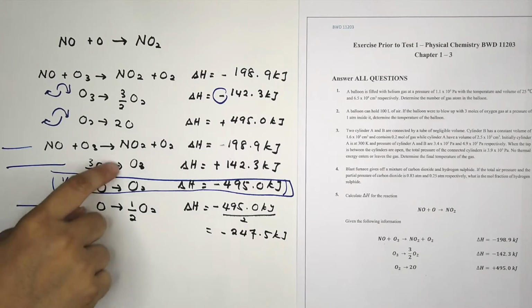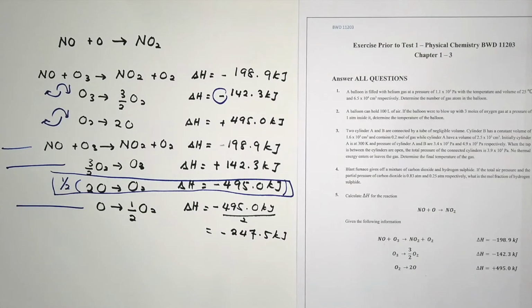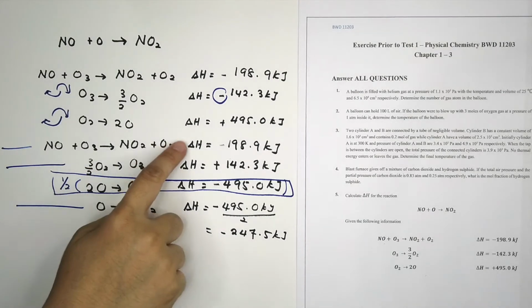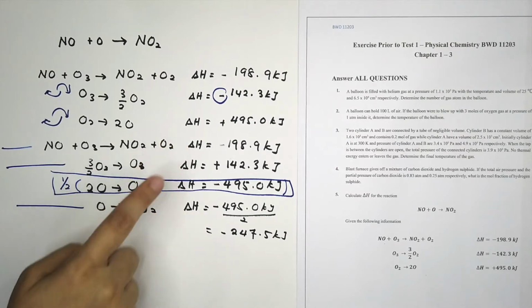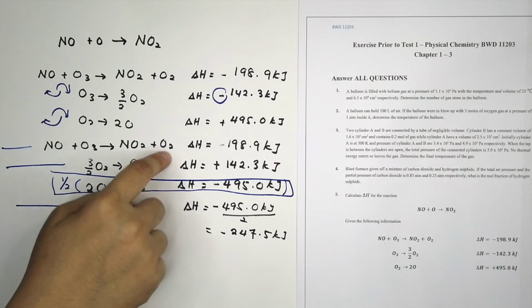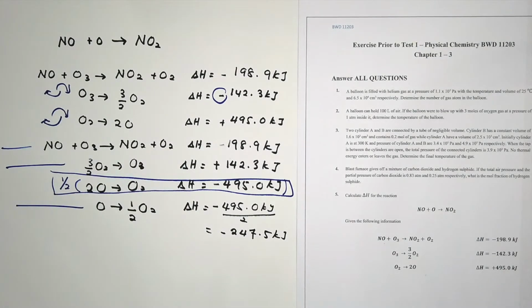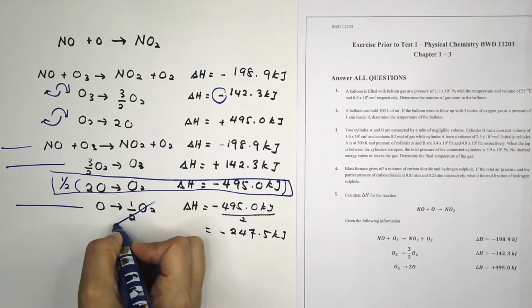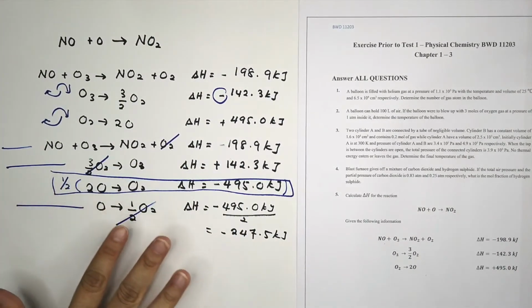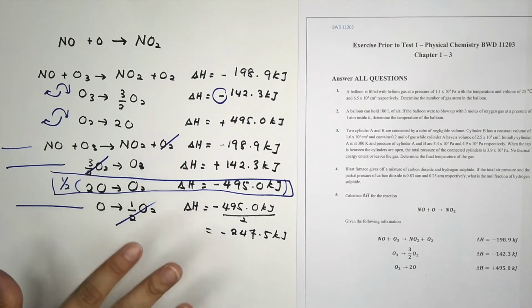On the reactant side, you have 3/2 oxygen, and here we have oxygen and half oxygen. So half plus 1 is equivalent to 3/2, right? So this one we can slash, so there will be no more O2 lingering around here.